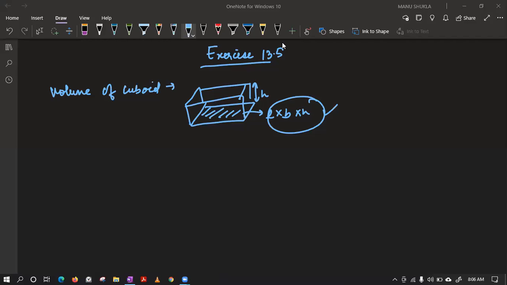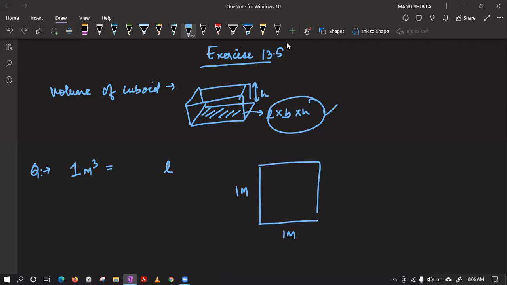Question number two, we can see. Class, I hope you all remember, in the last class we discussed that if you want to convert 1 meter cube into liters, do you remember, class? We discussed that the water tank we have on top of our homes is like 1 meter in height, 1 meter in length, and 1 meter in width.